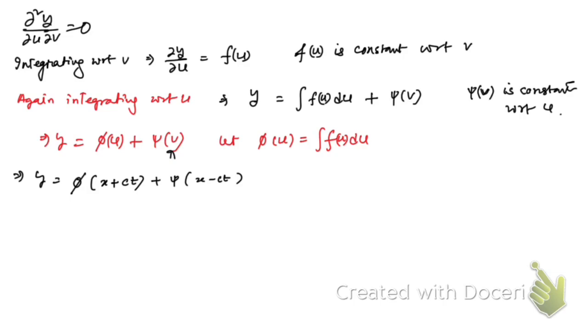So let me take this as equation number 4. Suppose this is equation number 4. Now this equation number 4 is the D'Alembert solution of wave equation.